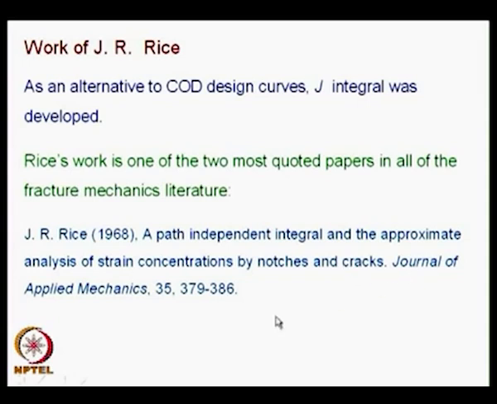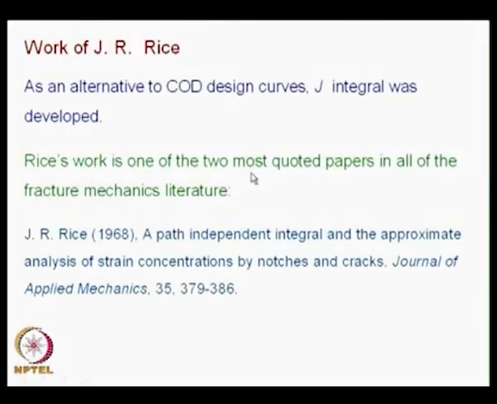This appeared in Journal of Applied Mechanics in volume 35. This paved the way for elastoplastic fracture mechanics, at least approximately. As engineers, we will have to accept that. We will attempt for an exact solution. If you are unable to get an exact solution, at least solve the problem approximately.